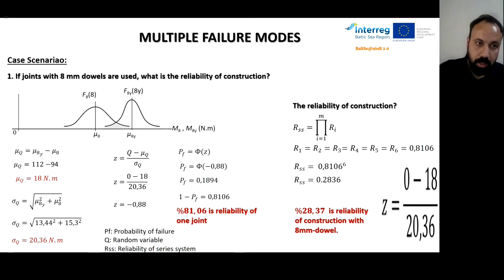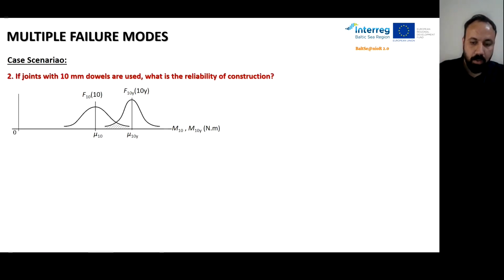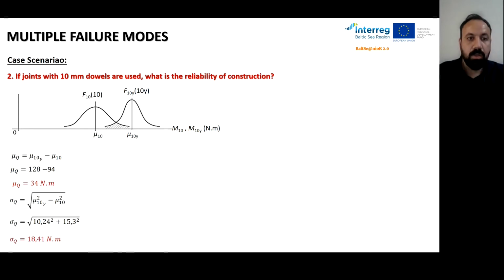Let's go to the 10 mm dowel. I am applying the same procedure here. I find the mean and standard deviation for the random variables, and then I get the z-score for the 10 mm dowels. The z-score is minus 1.85.